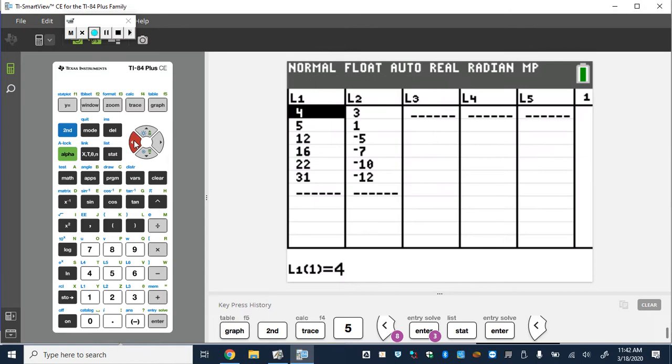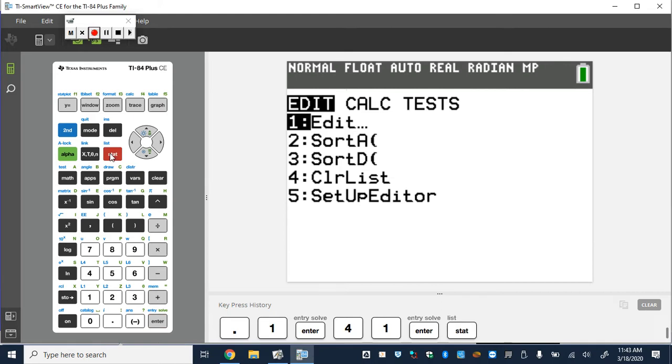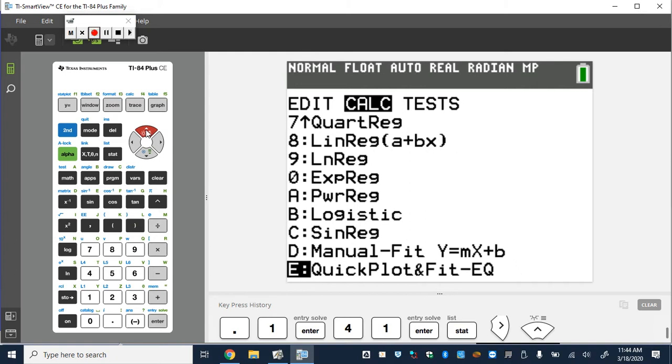Time is your L1, temp is your L2. All right, so all of my numbers are typed in there for my L1 and my L2.